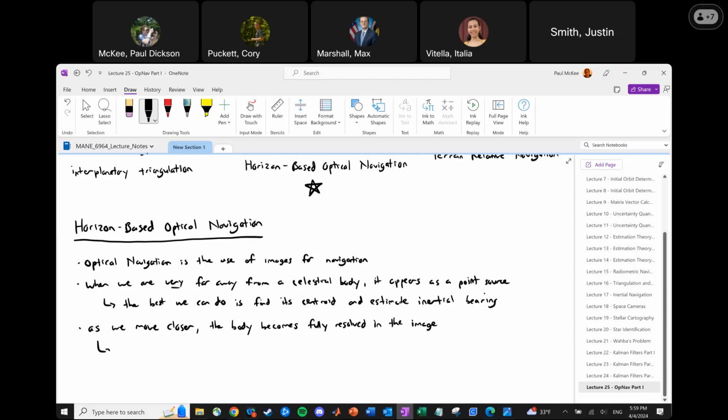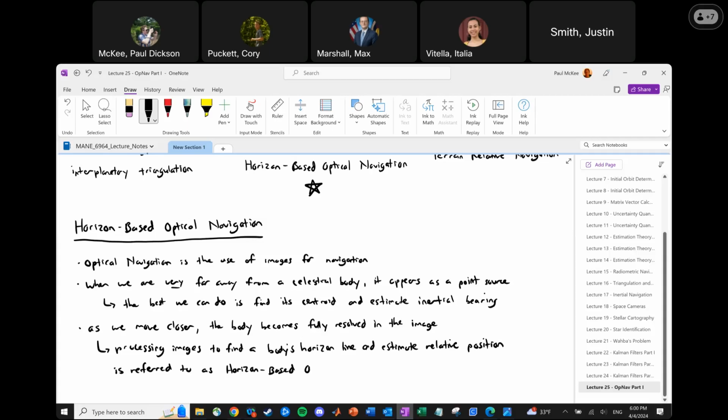And so in this case, processing images to find a body's horizon line and estimate relative position is referred to as horizon-based optical navigation.